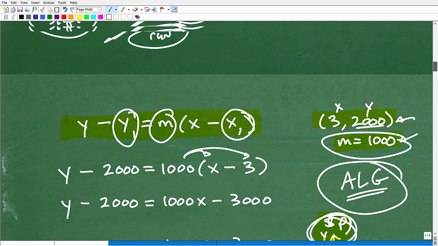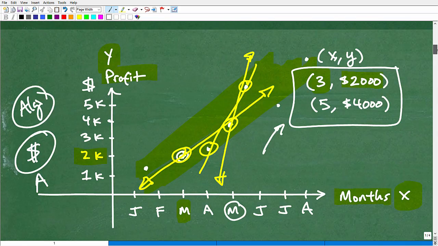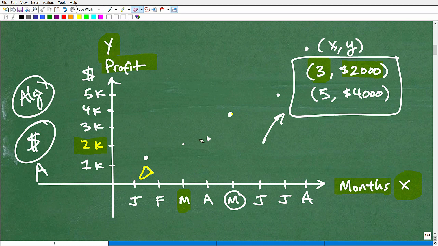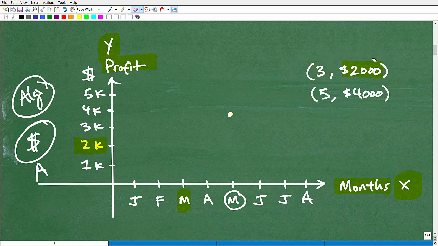And if we go up here to our little chart, of course we have to clear this up for a second. It makes sense, right? So let's go back to our original data and see if we can predict that. In March, that was month 3, we're at 2,000.